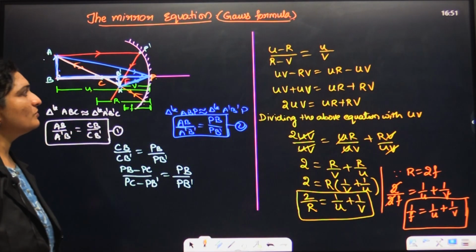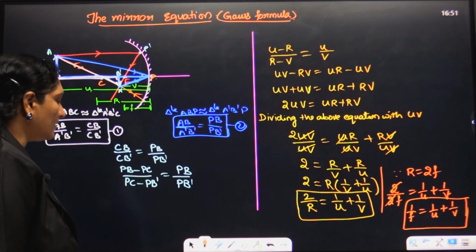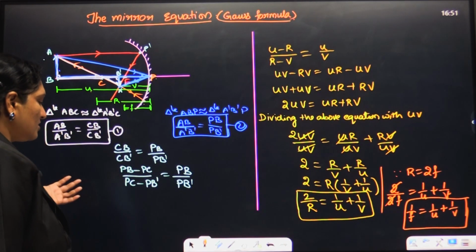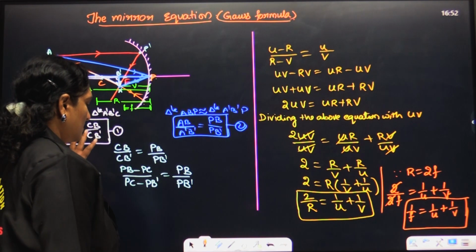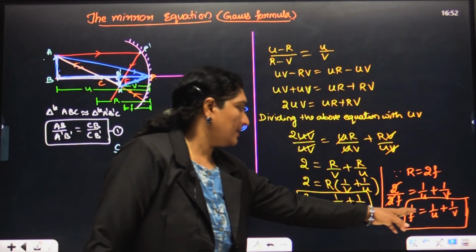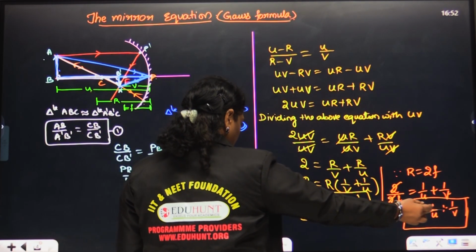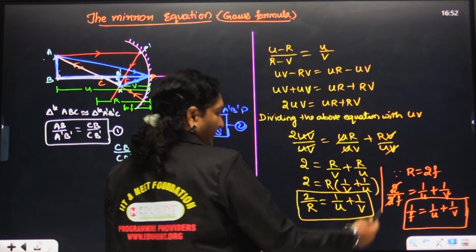First of all, let us move to the next concept, which is all about magnification. Okay. So, what is the mirror equation, children? The mirror equation is the equation relating the object distance, image distance and focal length.